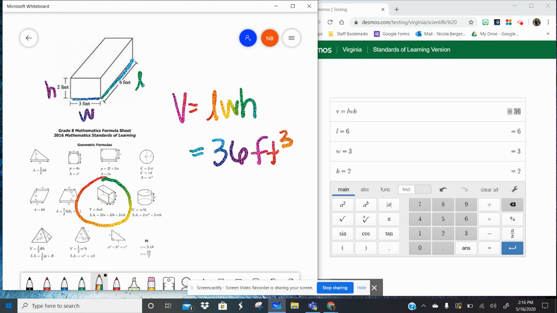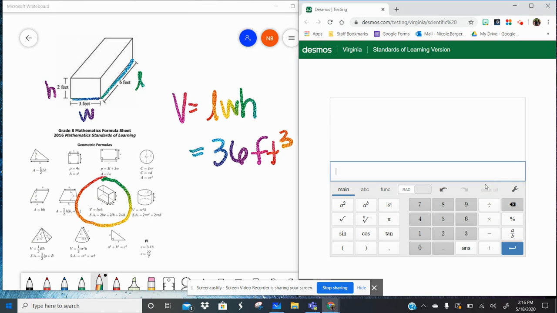For surface area, I have that long formula, 2LW plus 2LH plus 2WH. Don't be frightened by the fact that it is a long formula. But there are some things with the Desmos that you have to know. Don't type in SA equals, it just doesn't work out the same. You can just do 2LW plus 2LH plus 2WH, just that expression part, and then you can tell the calculator what you know.